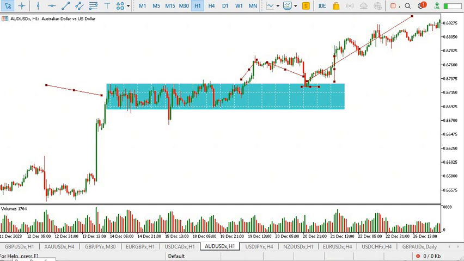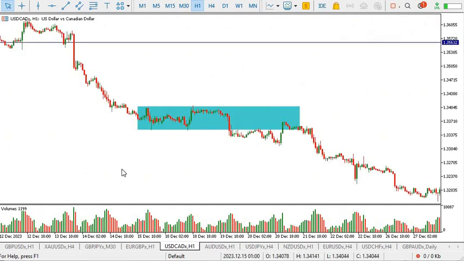Now let me show you when it breaks to the downside. So this is the example of the rectangle that broke to the downside. For the rectangle pattern we will need at least 2 support points and 2 resistance points. So we can see the market broke it to the downside, and the market came and retested the rectangle.